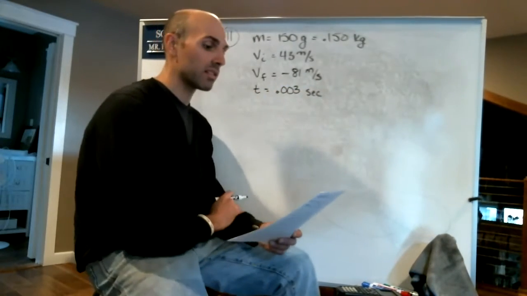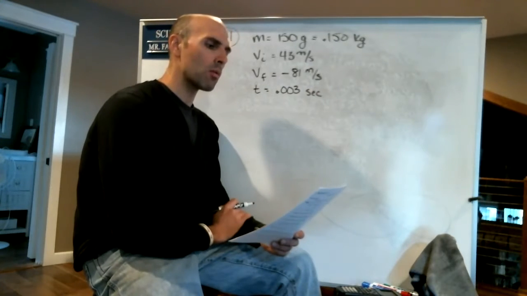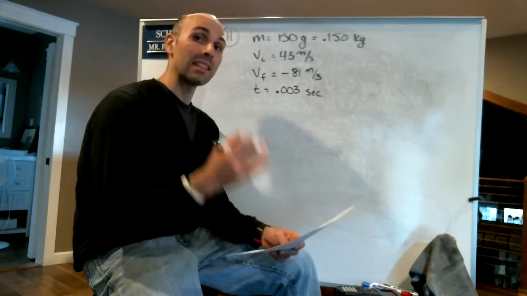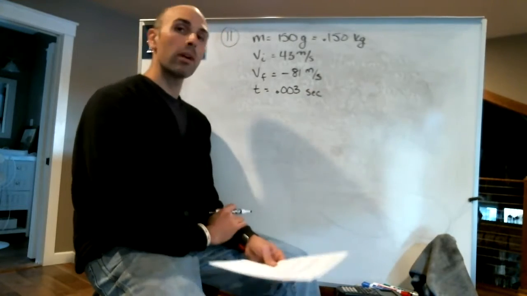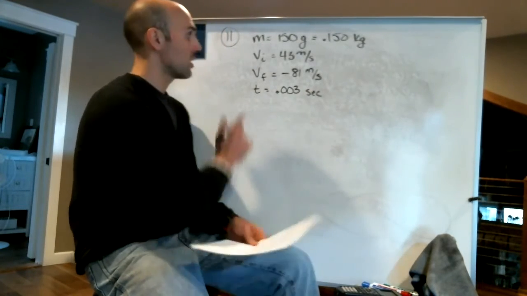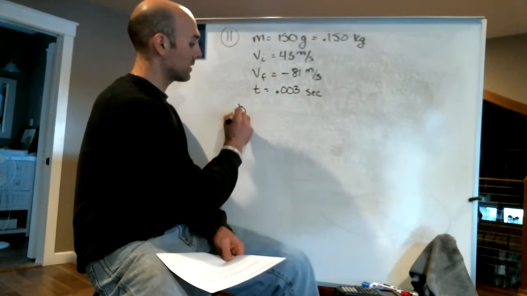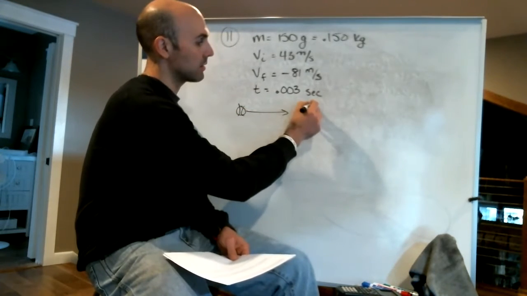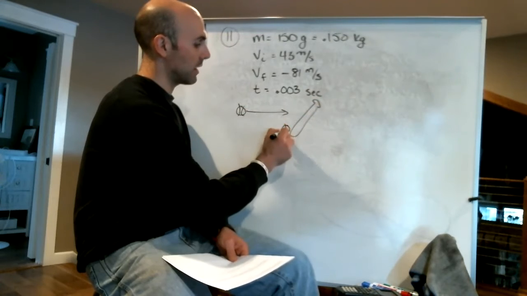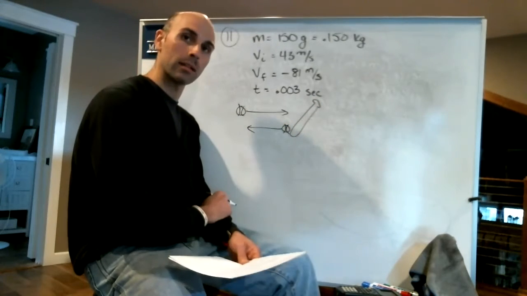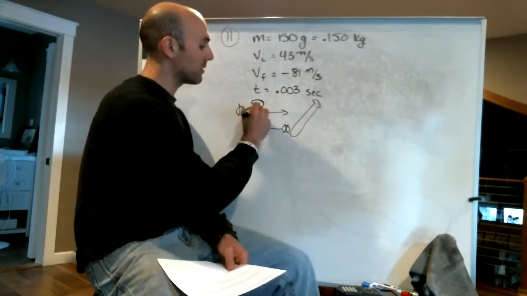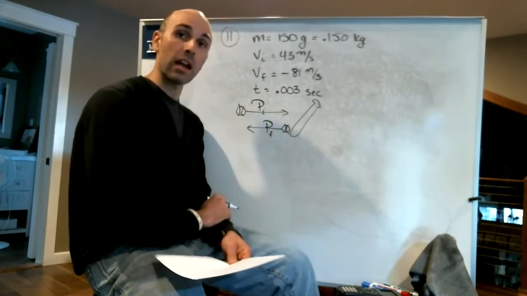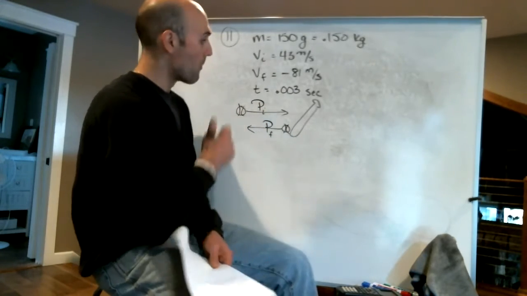So we want to find out exactly what the momenta of the baseball is, okay? And then we want to calculate the impulse. So there are 2 instances here. We have the ball being thrown this way. Here's the bat, right? The ball is then hit and then comes back. So we could find the momentum here, that's the initial momentum, and we could find the momentum there, that's the final momentum. So let's do that.